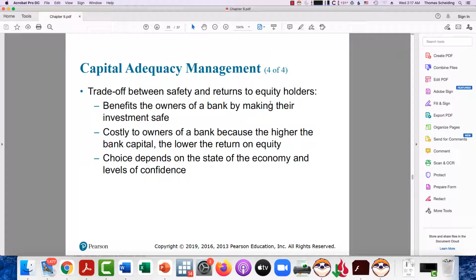Then under capital, continuing on with capital asset management, what you're trying to do here as well is you're trying to get obviously the highest return you can, but you do need to take into account that lending out more and more money, the money starts getting invested by the businesses that borrow it into aspects of the business that don't make as much money. So the return on equity is going to fall.